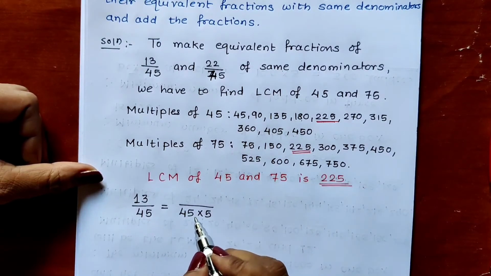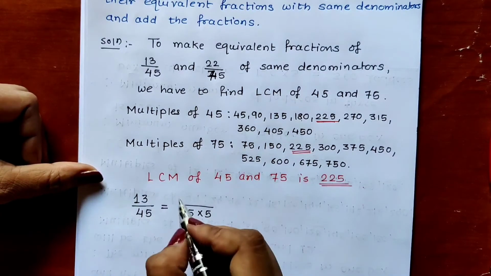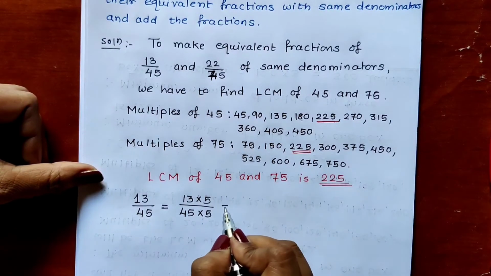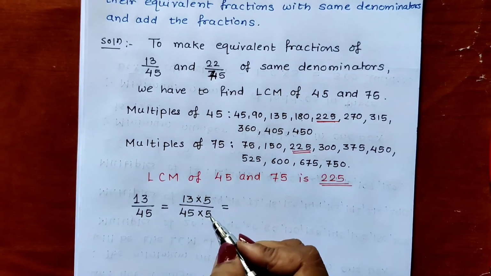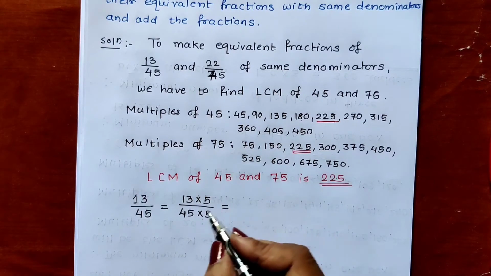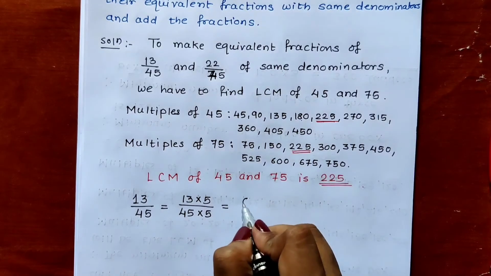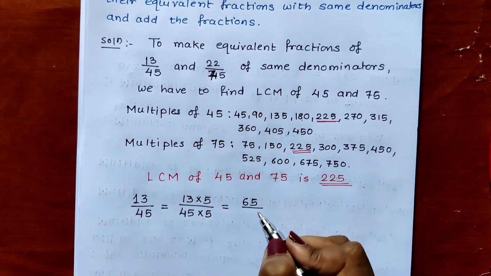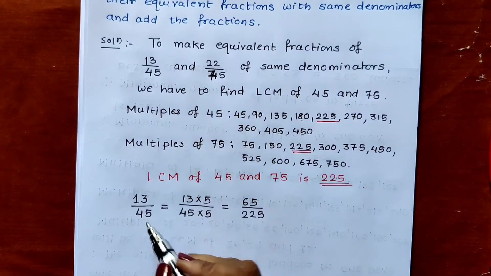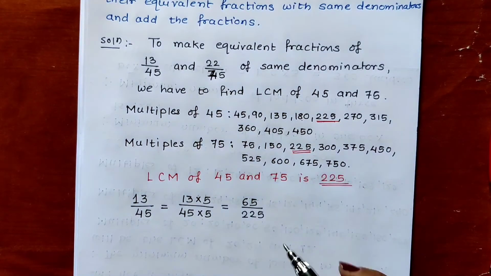As we are multiplying 45 by 5, we have to multiply 13 also by 5. We all know the rule of fractions: we have to multiply numerator as well as denominator both by the same number. So 13 fives are 65 and 45 fives are 225. Equivalent fraction of 13 upon 45 is 65 upon 225.